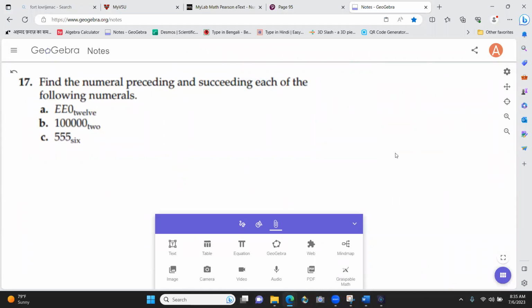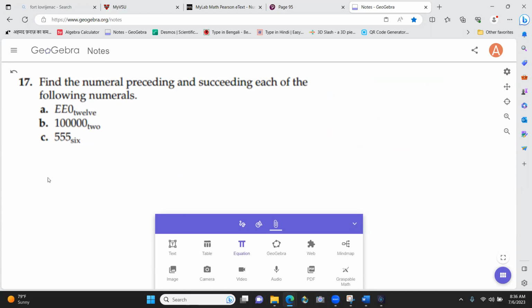No, I'm going to do part C. What's part C? Find the numerals preceding and succeeding each of the following numerals. All right, guys? So I'm going to do A and C. I'm going to start with C.